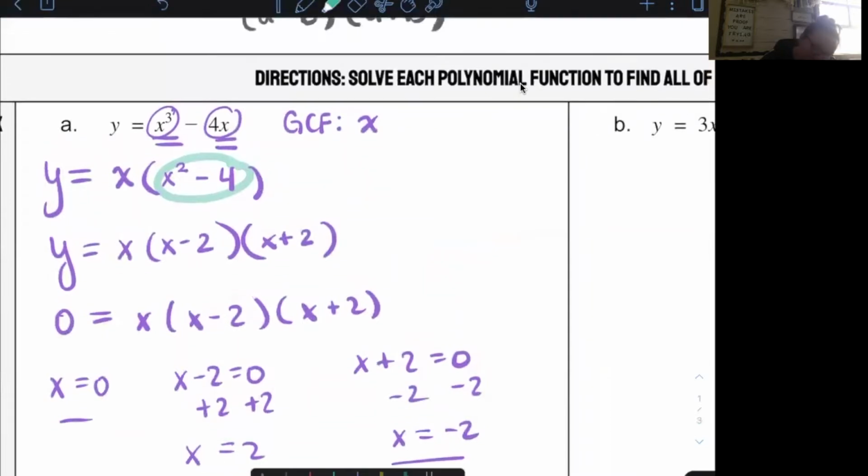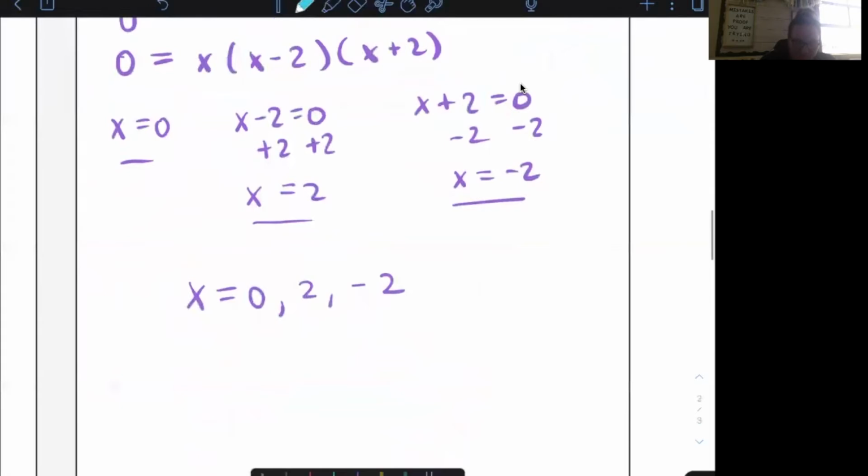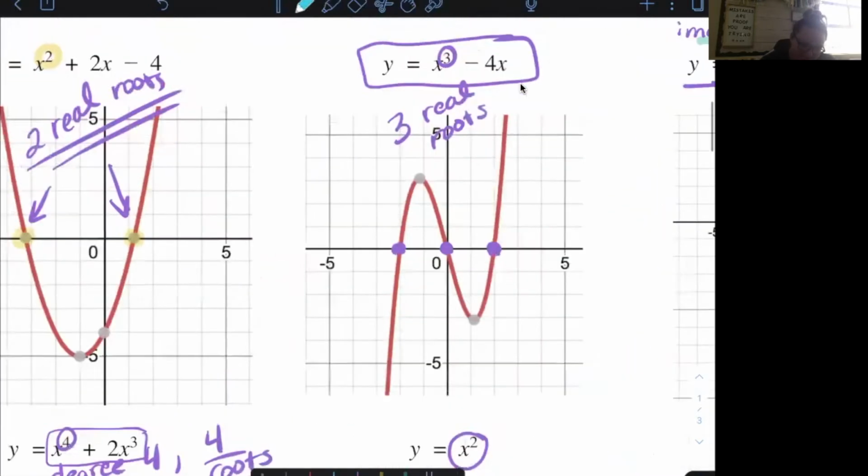So I noticed that I started with a degree 3 polynomial, which means I should have a total of 3 zeros, 3 solutions. And I was able to find them all algebraically, 0, 2, and negative 2. And let's see if that matches our graph.